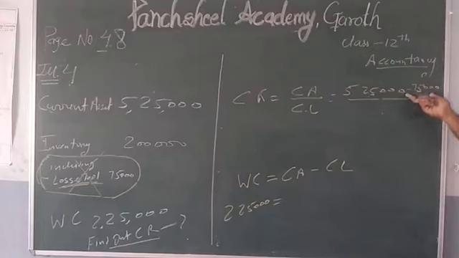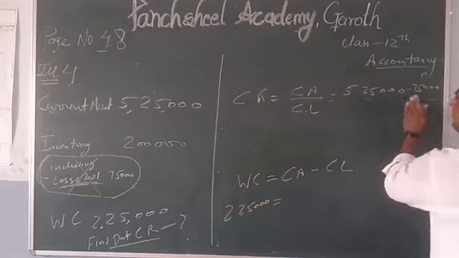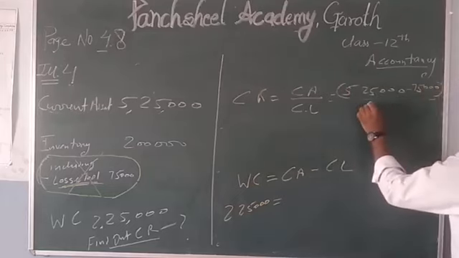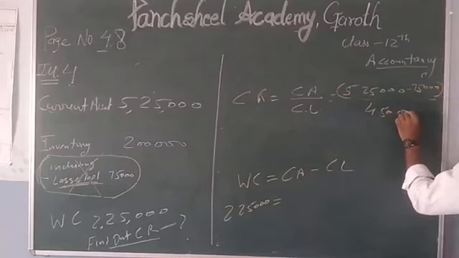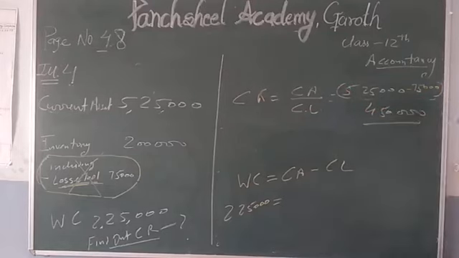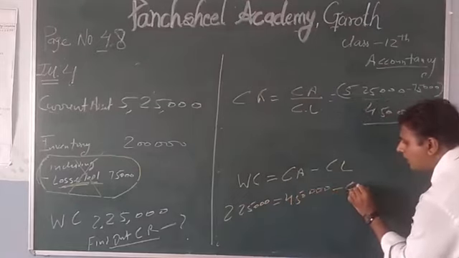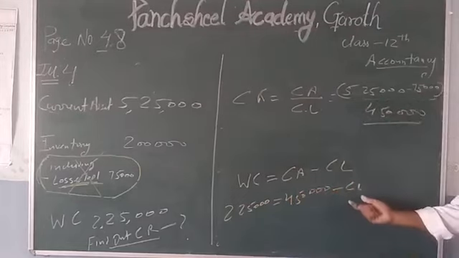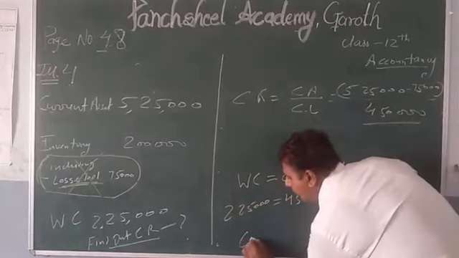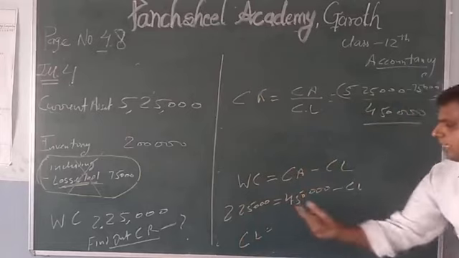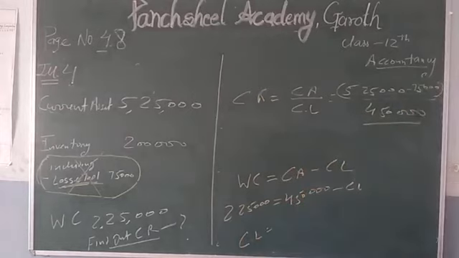It comes 4,50,000. So 4,50,000 minus current liability. So now you can find current liability. Current liability is equal to 4,50,000 minus 2,25,000.